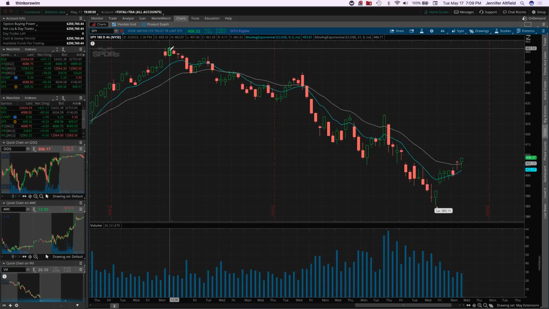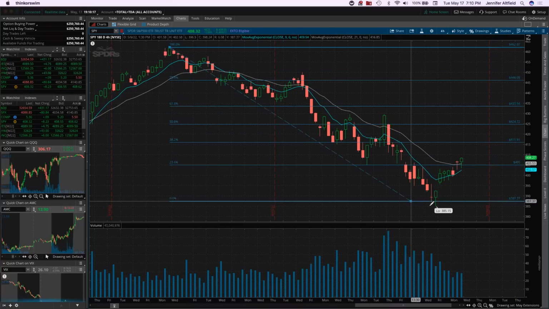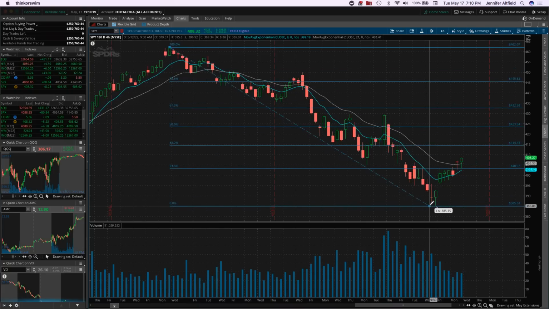And again, if you hover the candle, as I mentioned in the last video, you will see up here it says H. It'll show you the high of that candle. So in this instance, you could see up here that it is 462.07. So I'm going to plot 462.07, drag that down to 385.15, which is this clear cut low.